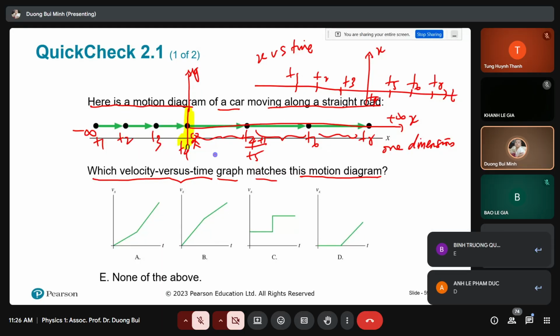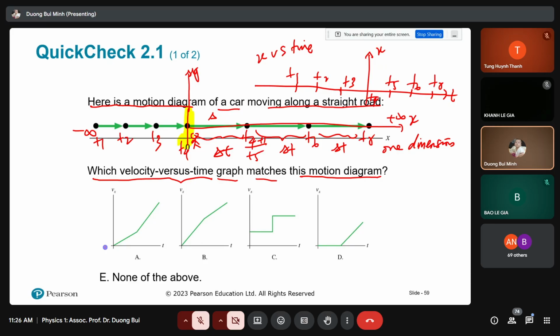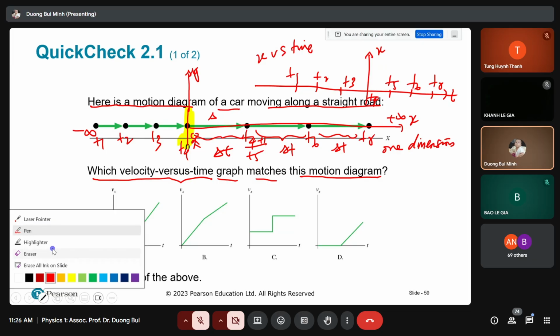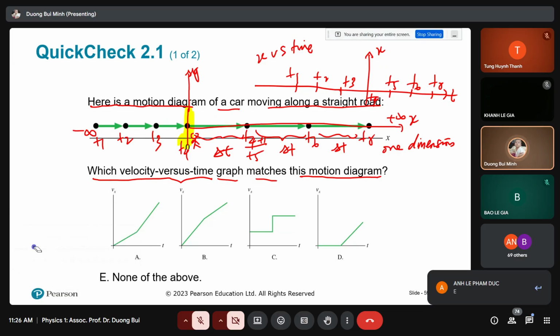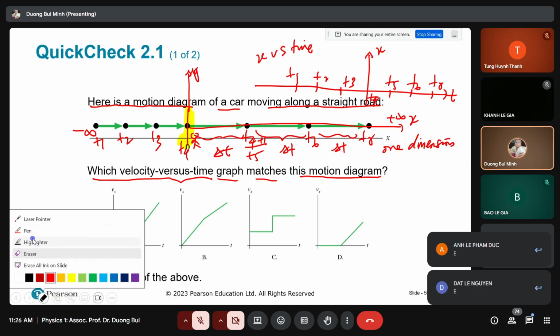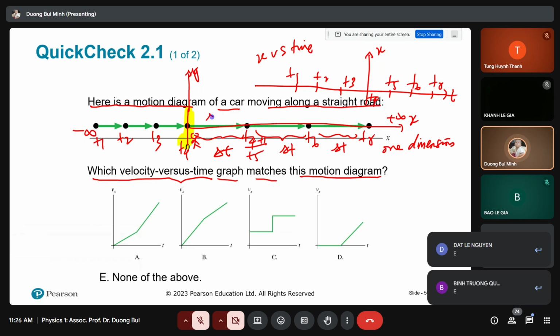Now look, we have the same delta t and the same displacement, delta x, this one minus this one.